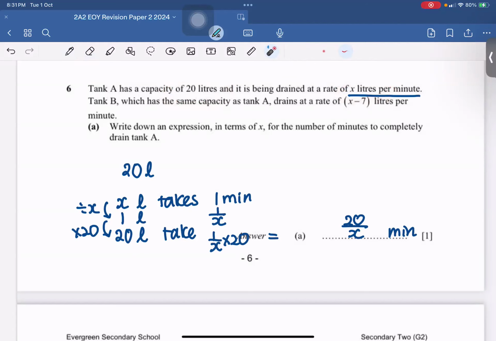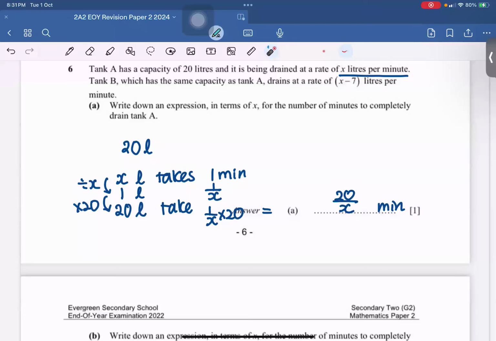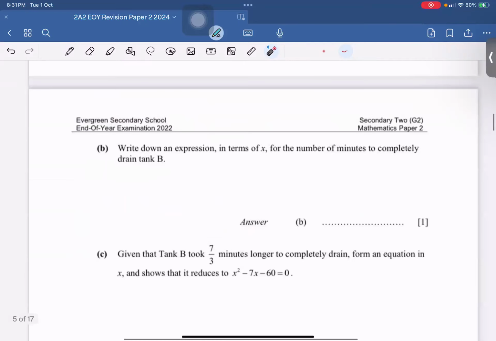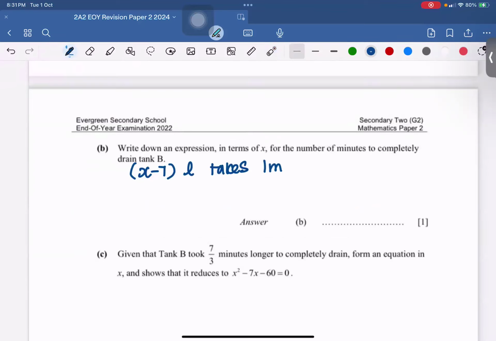Okay, next one, tank B has the same capacity. Same capacity means it's also 20 liters, but the rate is now x minus 7 liters per minute. How to find? x minus 7 liters takes 1 minute. 1 liter, how much? Divide by what? x minus 7.